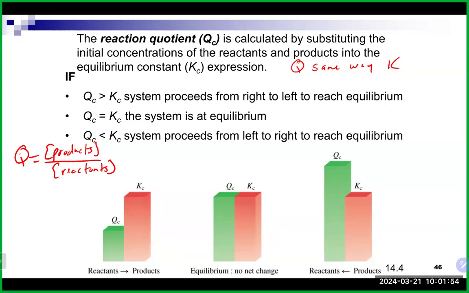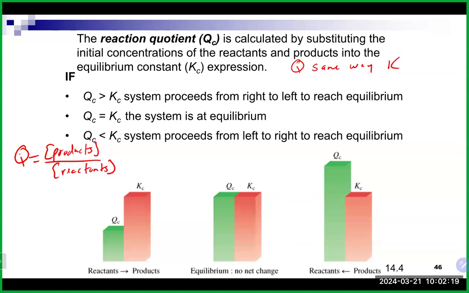You could calculate Q and compare it to the K value for that reaction, and based on what you get, it will tell you if you are at equilibrium. And the second thing Q will tell you, if you are not at equilibrium, is which way you need to go to reach equilibrium.